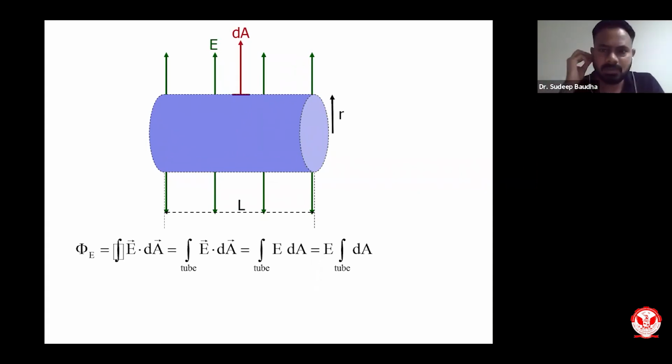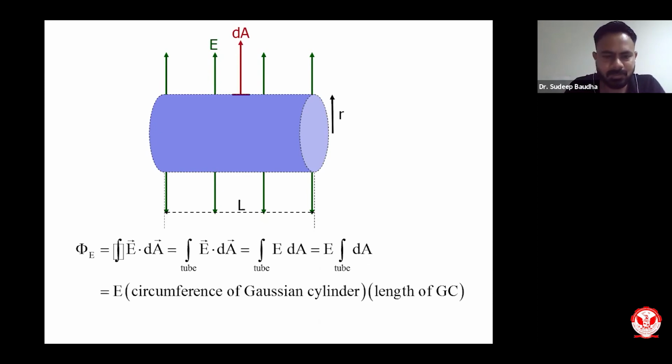Okay. So what we were discussing is this. We were discussing the flux on a tube. As you know, flux on a tube will be E dot dA, so I can write it as E into dA. Now integrate dA. What will be the integration of dA over the tube? That is the circumference of the Gaussian cylinder into the length of the Gaussian cylinder.